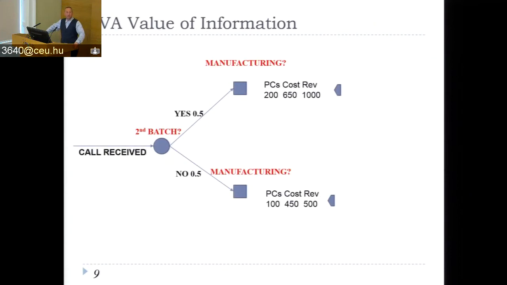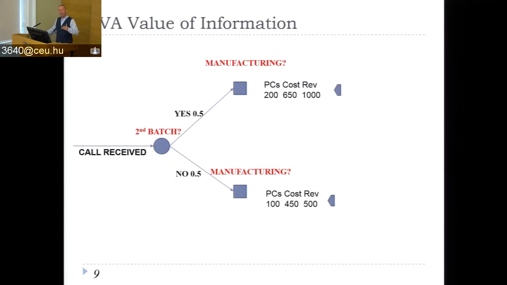In that case, I will manufacture immediately 200,000. This is the main information, that indeed the first decision tree told me to manufacture 200,000. But if I receive the information that there will be no second batch, then I don't manufacture 200,000. Why should I? I know now that there will be no second batch.